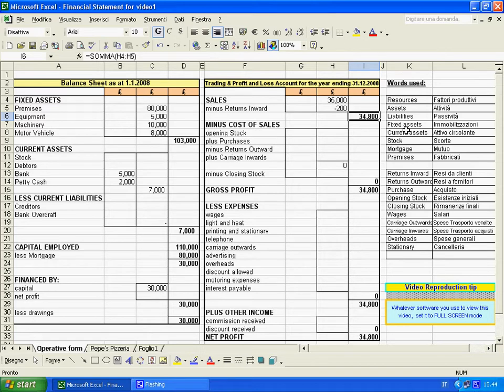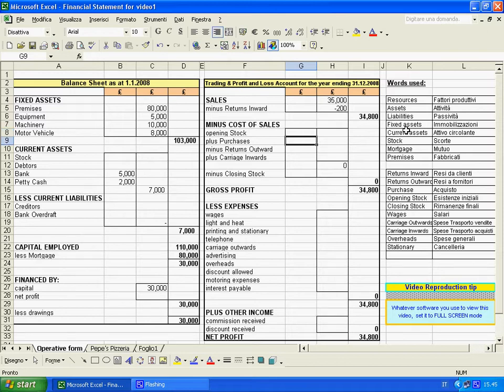To sell goods, we must have bought goods before, and we have a second part of this prospect regarding just this problem. Do we have opening stock? Opening stock means that we have already in our warehouse goods to sell, but we haven't yet bought.